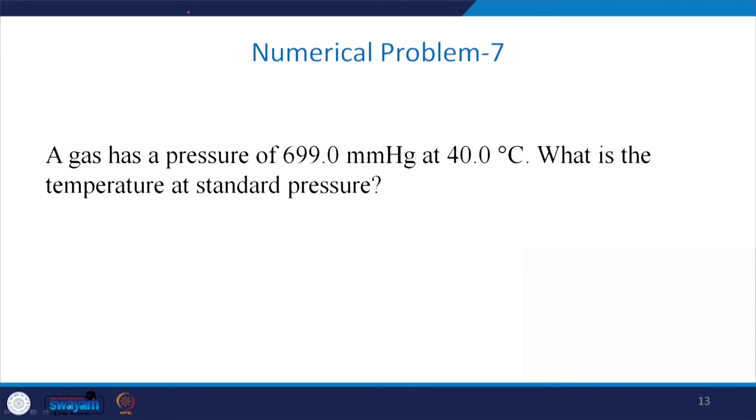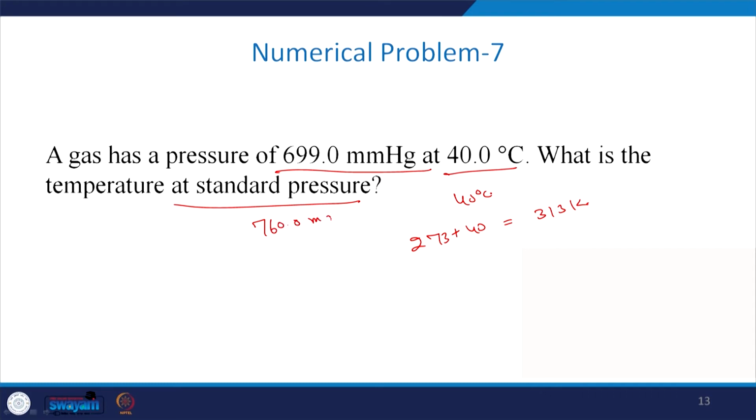Here the pressure is given as 699 millimeter of Hg, and the temperature is 40 degrees Celsius, and that is 273 plus 40, it comes out to be 313 Kelvin, and you need to have the standard pressure. What is the temperature? So, standard pressure is 760 mm of Hg.